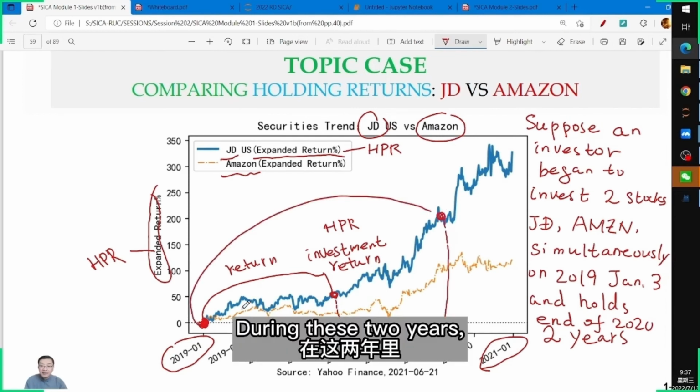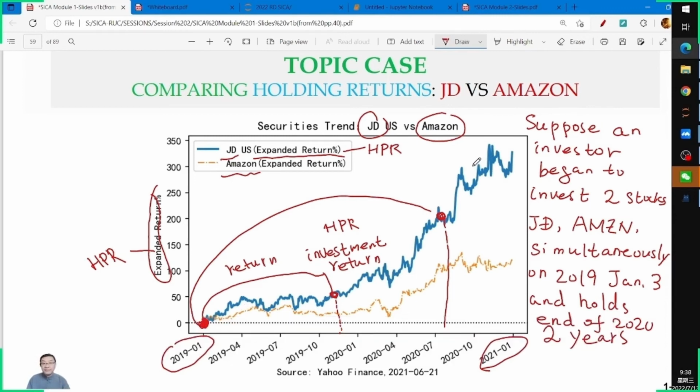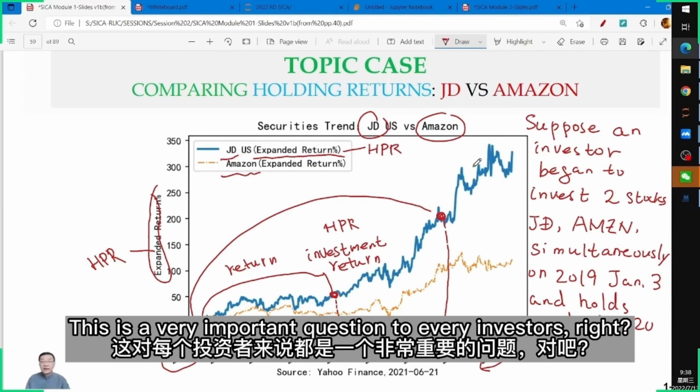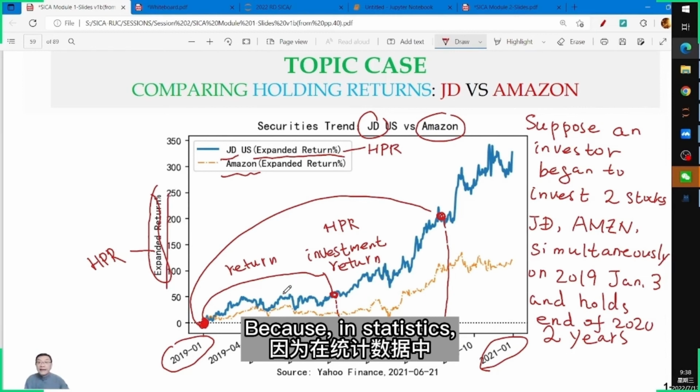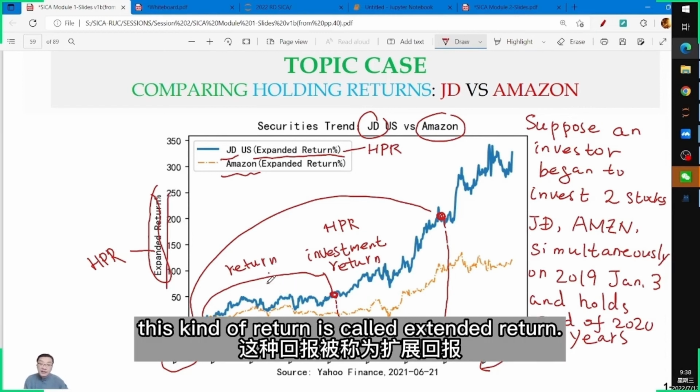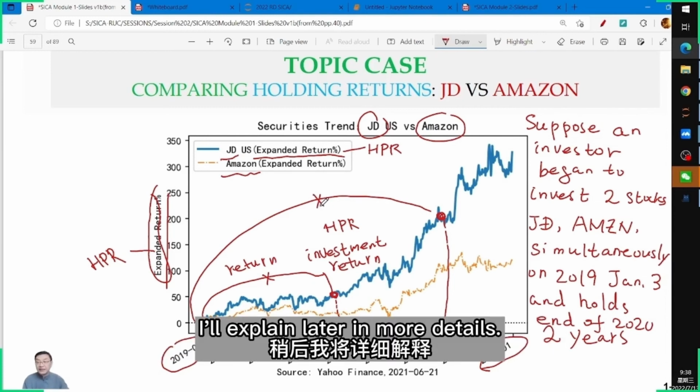During these 2 years, what is the change in the trend of the holding return? This is a very important question to every investor, right? So that's why the curves of expanded return are so important, because in statistics, this kind of return is called extended return. I'll explain later in more detail.